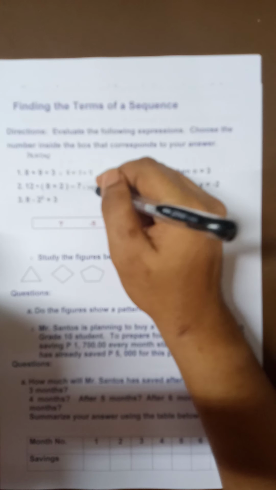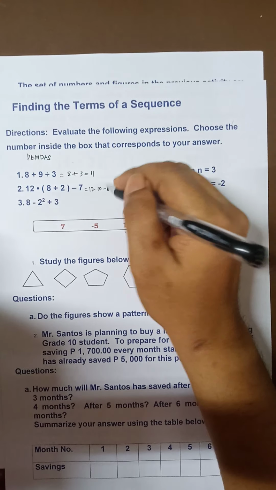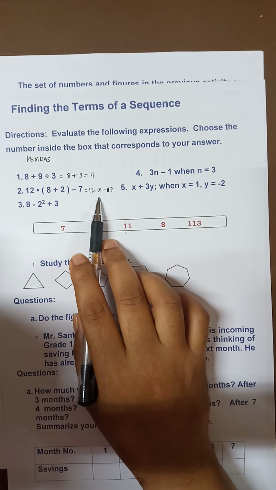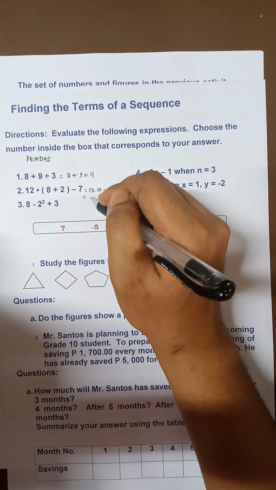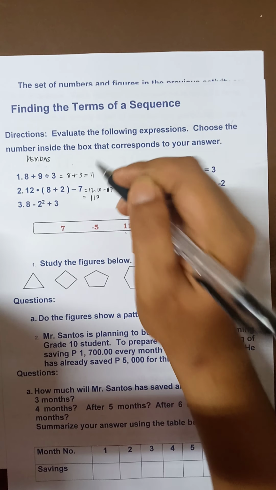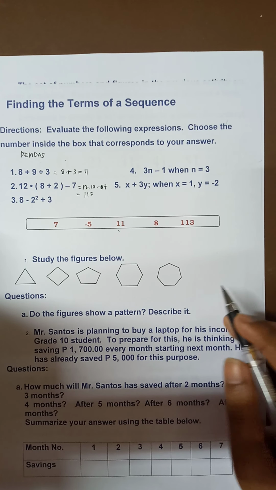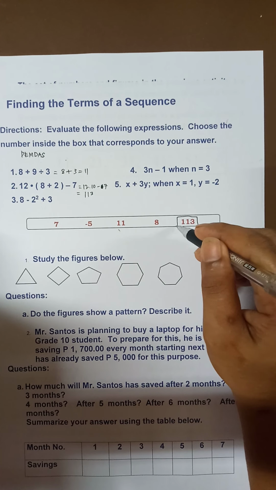So we have 12 times 10 minus 7. 12 times 10 is equal to 120, minus 7. The final answer is 113. So it is found in the box.